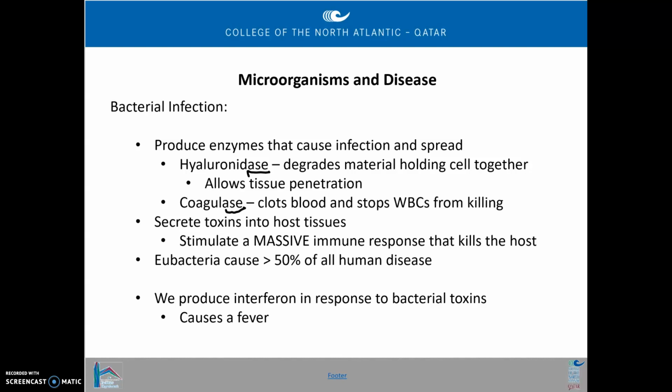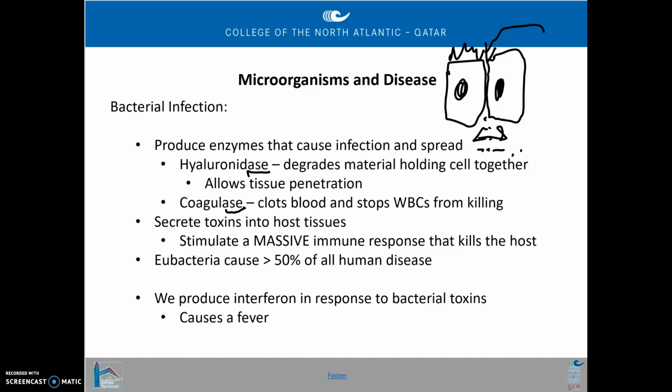So if you think of your epithelial cells, these tissues, they got a nucleus, some of them got cilia, and they live really close together like this. Again, if we have the enzyme hyaluronidase, it's going to be able to move into this area right here and separate these cells. When these cells move apart, that allows bacteria to leak inside and get deeper into the tissues. So hyaluronidase is an enzyme that will allow tissue penetration.